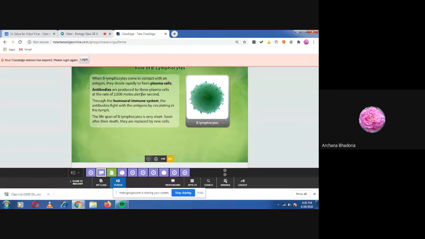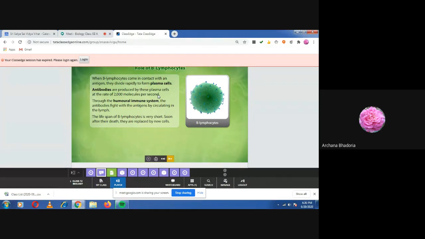Antibodies are produced by the plasma cells at the rate of 2000 molecules per second. सोचो तो कितना fast produce होते हैं. This can also be noted that when B lymphocytes come in contact with an antigen, they divide rapidly to form plasma cells. जो multiply होकर lymphocytes बनेंगे उनको हम क्या बोलेंगे?